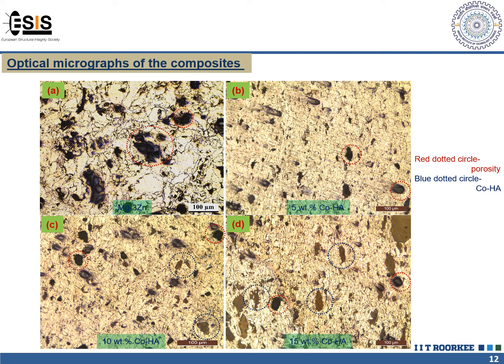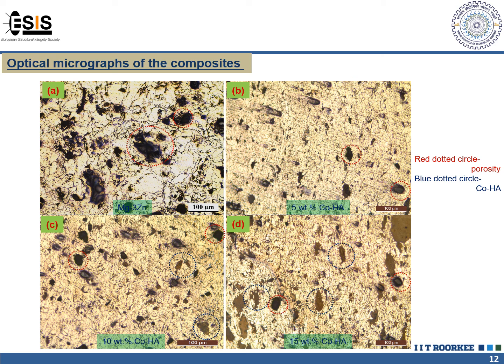This is the optical micrograph of all the fabricated composites. Here we can see that as the composition of the co-precipitated HA increased, the porosity in the composites decreased. These blue dotted circles show the hydroxyapatite dispersed throughout the composites, and the red dotted circles show the porosity. Here in figure D, this is 15% co-HA.